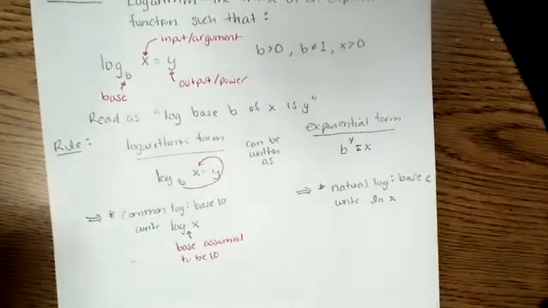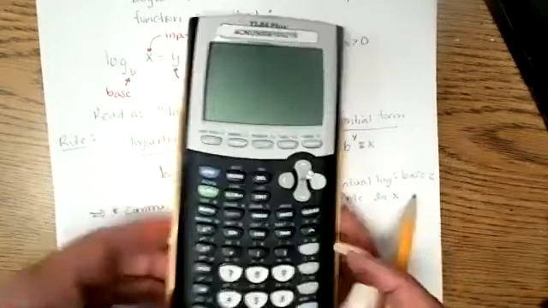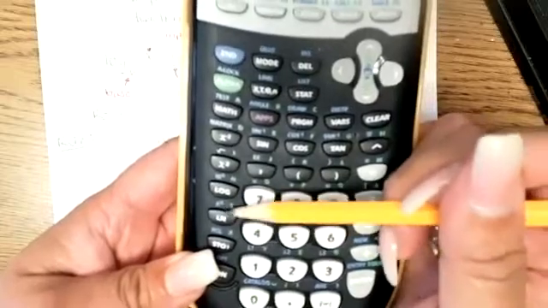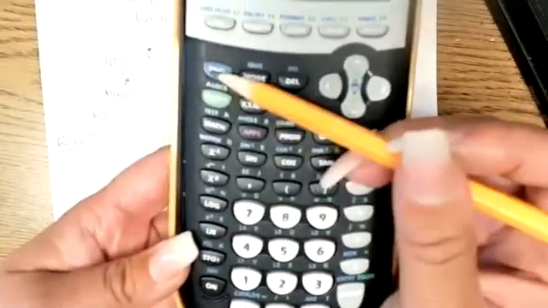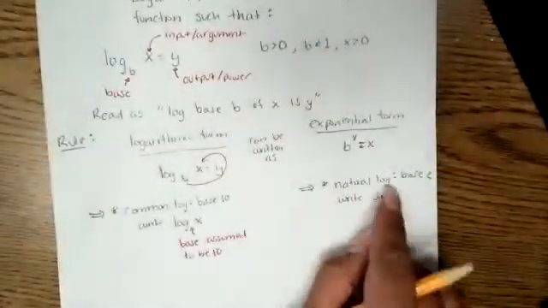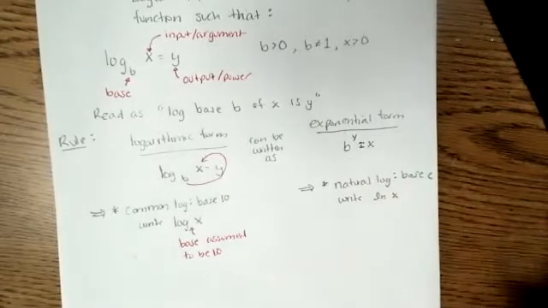So on my calculator, here's the ln key, and then there's e. Even on a scientific calculator, it's going to be like that. In order for me to access the e, I would have to hit shift and then e, or second and then e. Now, e actually has a value. It's not a variable. It actually has a value.